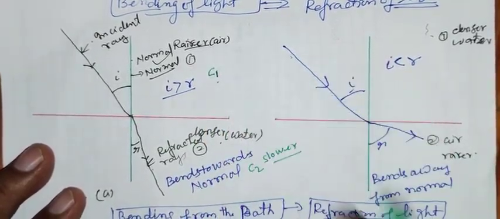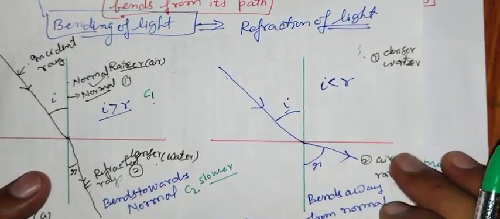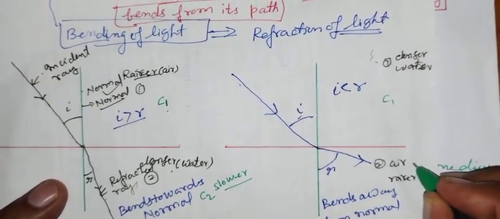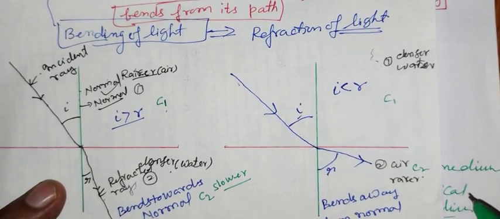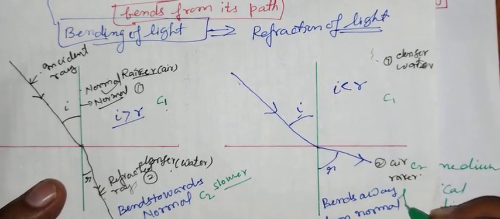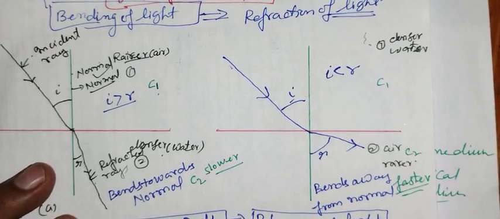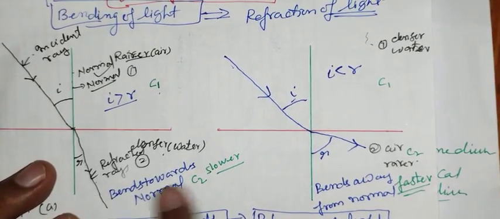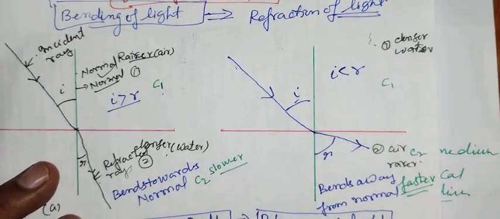In the second diagram, when it moves from water to air, from denser to rarer, let the velocities be c1 and c2. When it travels from a denser medium into a rarer medium, its speed becomes faster. Due to the change in speed, the direction changes. This change in direction, or bending of light, is called refraction.